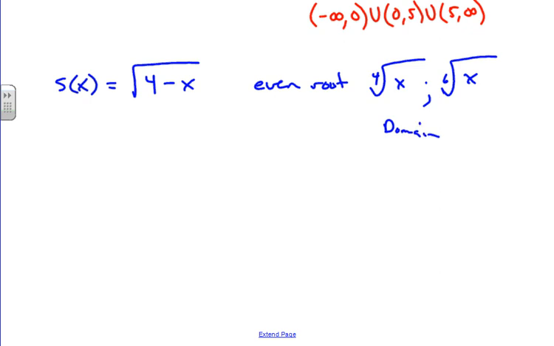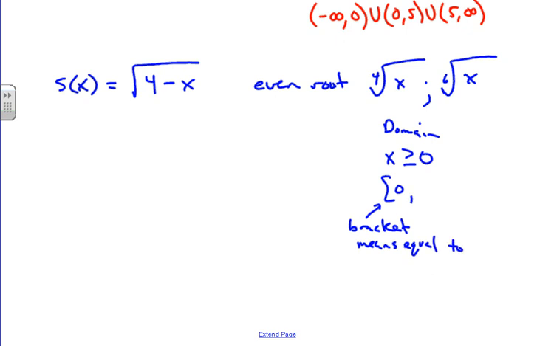What we notice is that for each one of these, the domain is all x values, in this case, greater than or equal to 0. Another way of writing this: with 0, we have a bracket. A bracket means equal to in interval form.